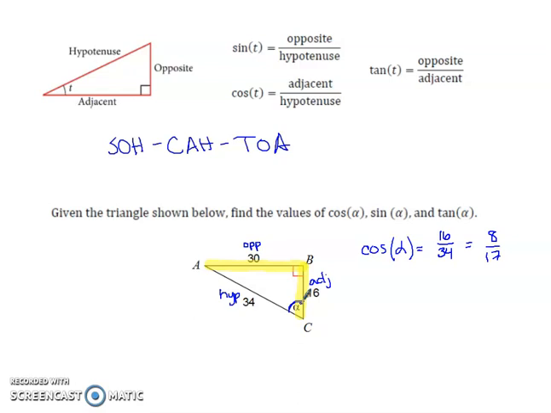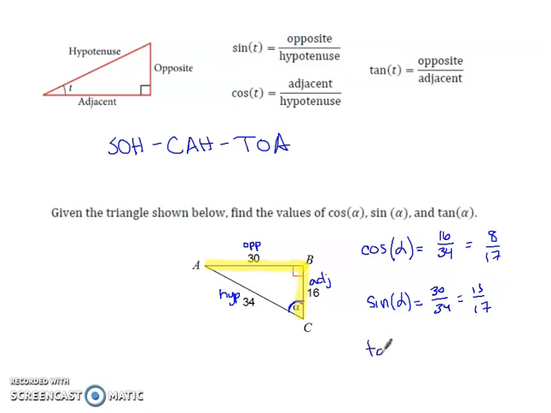Since alpha is fixed, the value of our cosine is 8/17. Sine of alpha is going to be the opposite over the hypotenuse. So the opposite side is still 30, and my hypotenuse is still 34 since we are still looking at our alpha angle. So 30/34 reduces to 15/17.